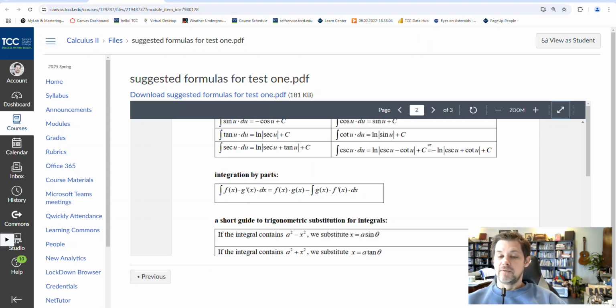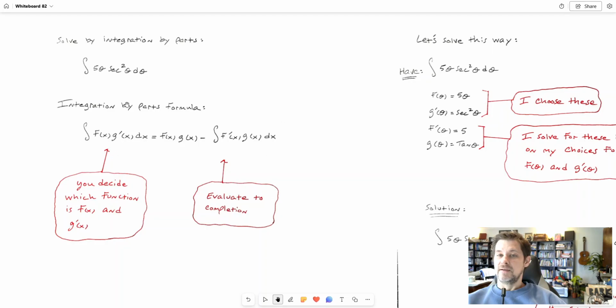Now, what I've done is I've written that here. Here's the aim when we use integration by parts. I look at this integral as containing 2 functions multiplied together, 5 theta and secant squared theta. In terms of using integration by parts, one of those functions is a function f of x, and the other would be a function g prime of x.